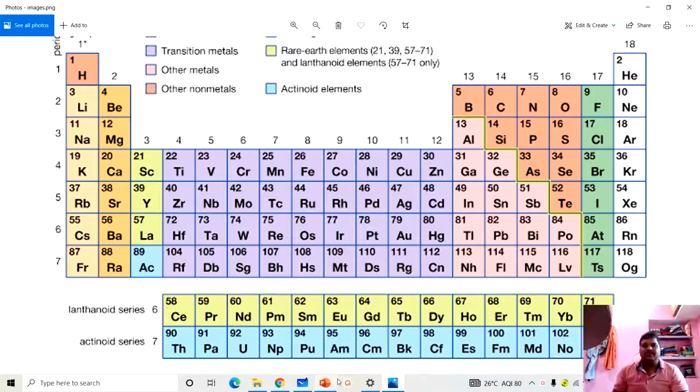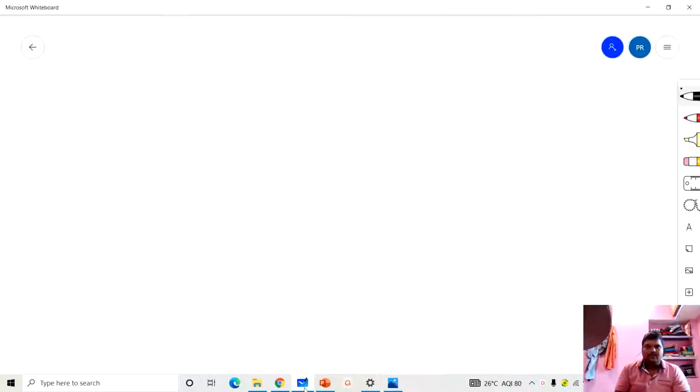So here we discussed one more thing, valency. Valency is simply defined as the combining capacity.